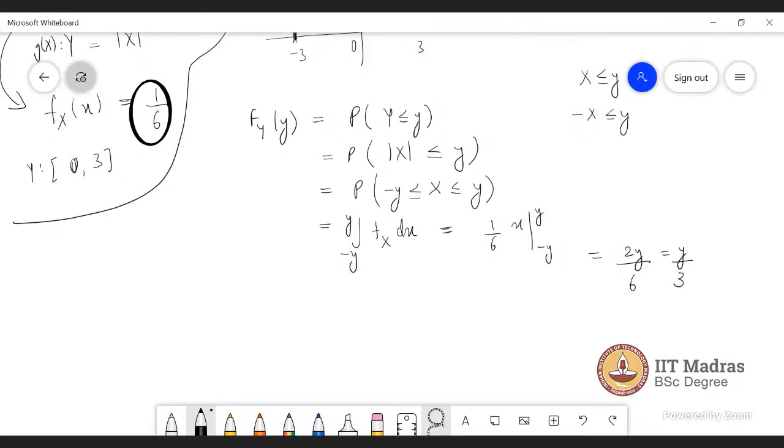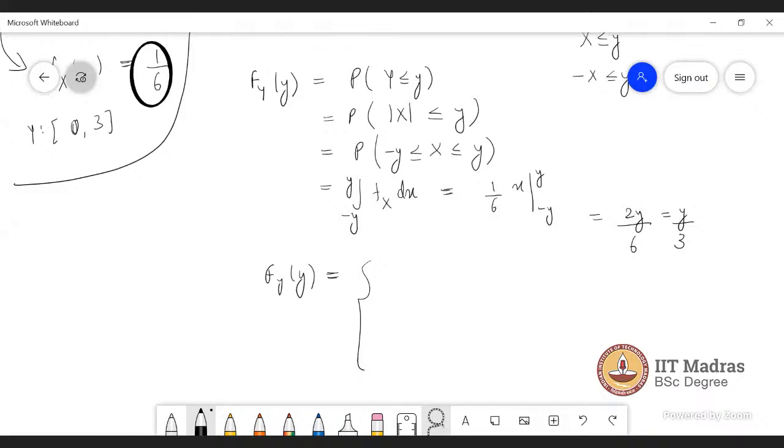If you have to write the CDF, for y less than 0, it is 0. For y lying between 0 and 3, it is y by 3, and 1 otherwise.